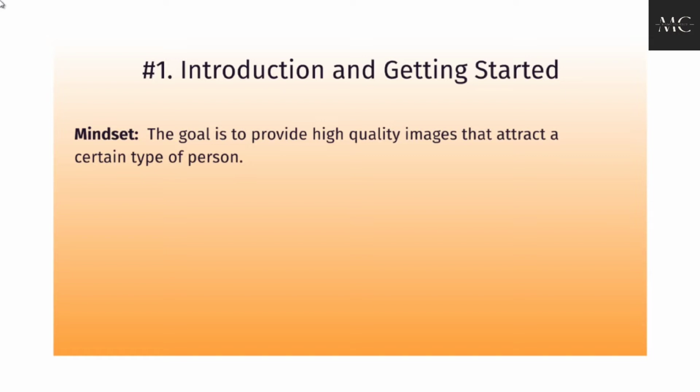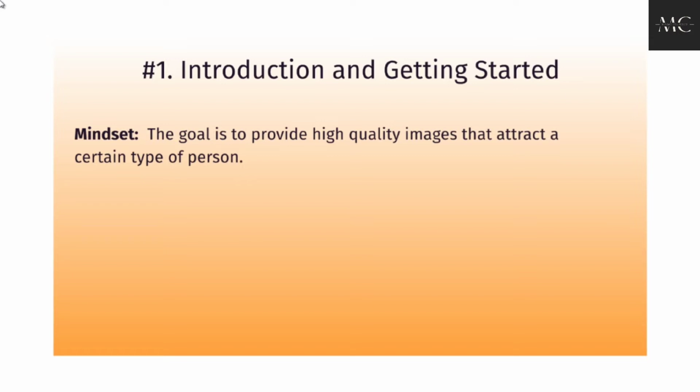The reason why is because you're going to have an image that's going to show up on the Google image search. With that in mind, people are going to click on the ones that best fit that keyword. So you want to make sure that you have a high quality image that attracts a certain type of person.